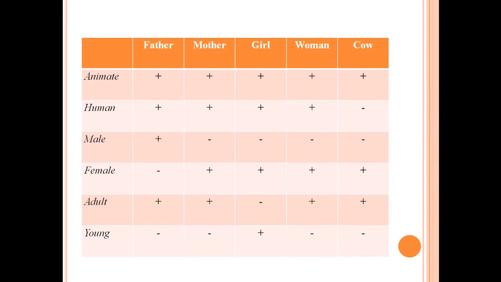And abstract nouns like kindness cannot be shown in this way. But if the words refer to human beings, you can show the semantic properties in this way.